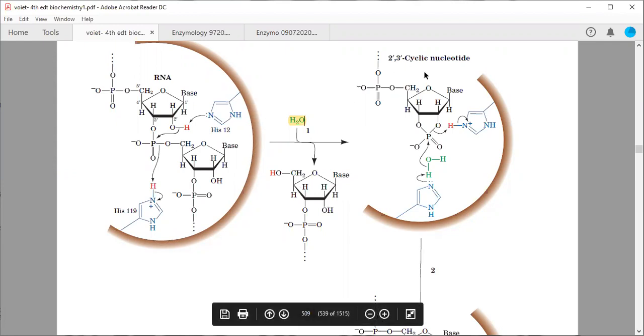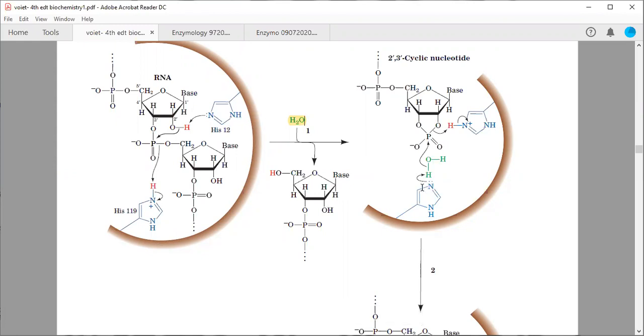So here you can see this green colored water molecule. It will accept the electron cloud from this particular histidine, which is at position 119, and this is histidine 12. So it is going to accept the proton this time.